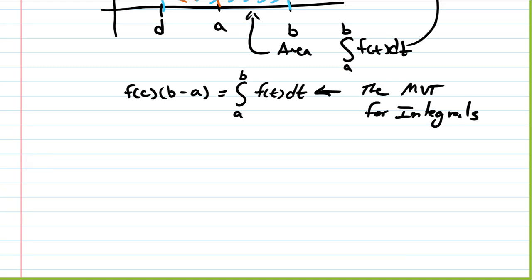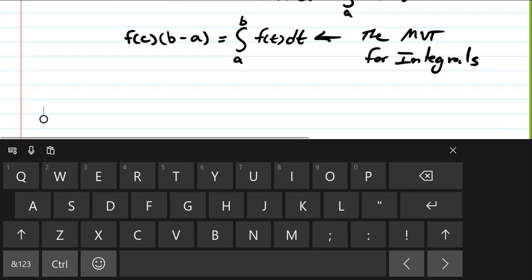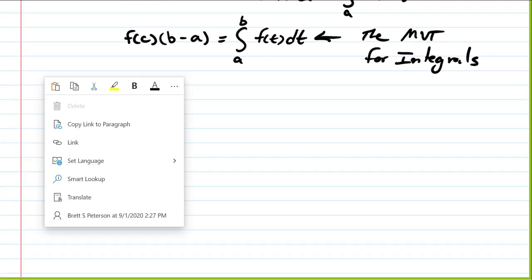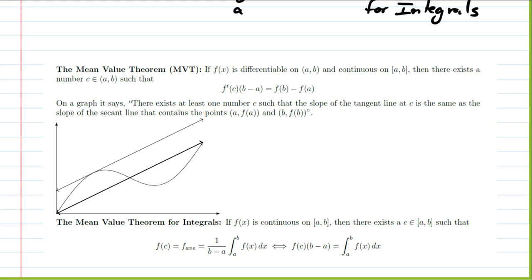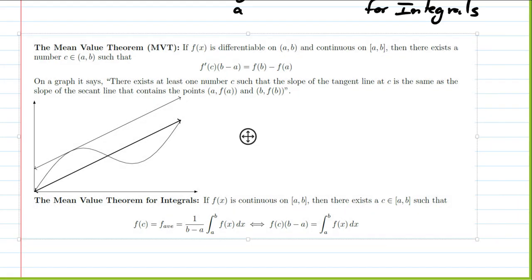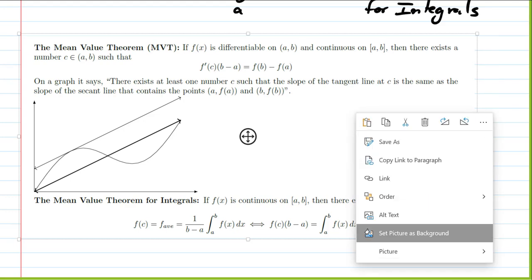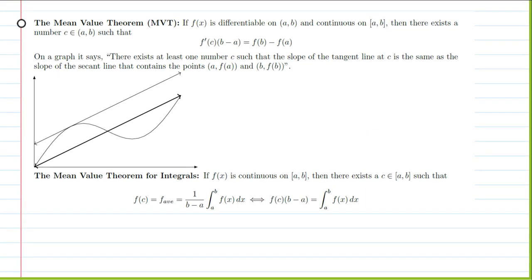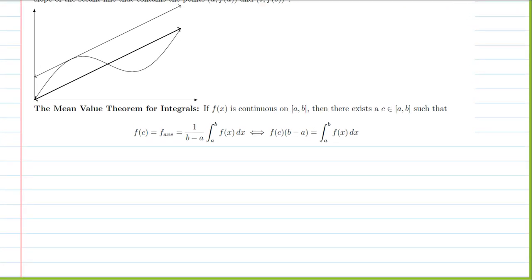So the mean value theorem for integrals is actually just the mean value theorem, but all we did was use a function that was defined in terms of an integral. So here's our formal statement. As we saw, there's our mean value theorem. And then our mean value theorem for integrals is this, which we got just above, right?